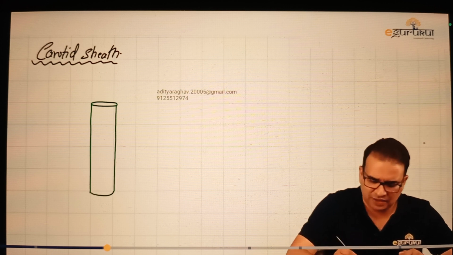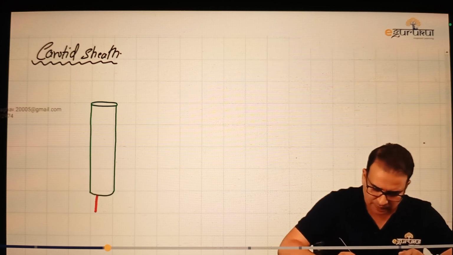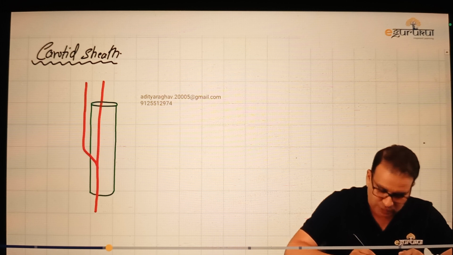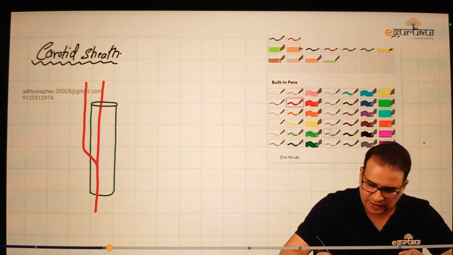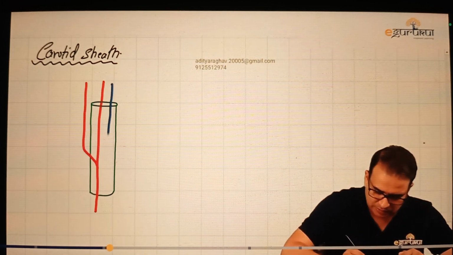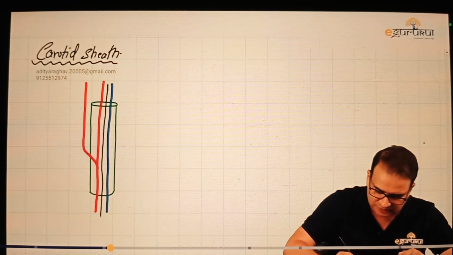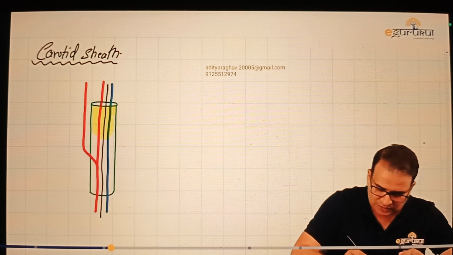As the name suggests, the carotid sheath has carotid vessels inside. So we have the common carotid artery, which continues as the internal carotid artery, whereas the one which comes out of the carotid sheath is the external carotid artery. So that is not a content. The vein that you will appreciate inside is the internal jugular vein. And the nerve sandwiched in between the two is the vagus nerve. So look carefully at the highlighted part only. Those are the contents of the carotid sheath.